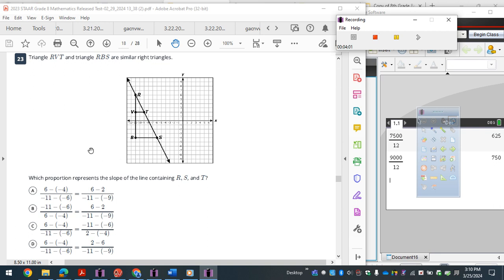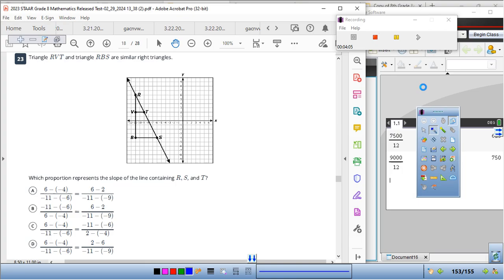So these are the right triangles. We want to go ahead and set up the proportion to work this one out. So we're going to go with R to S and R to T. R would be R1, the coordinates of negative 11 and 6. So give me x1, y1.